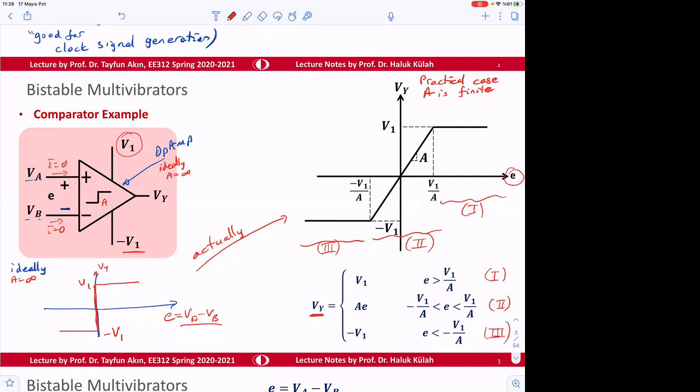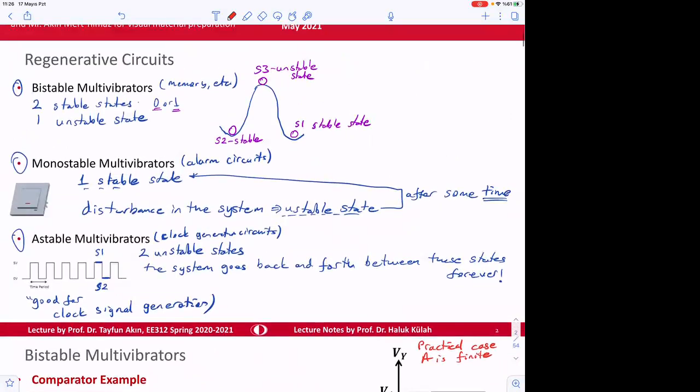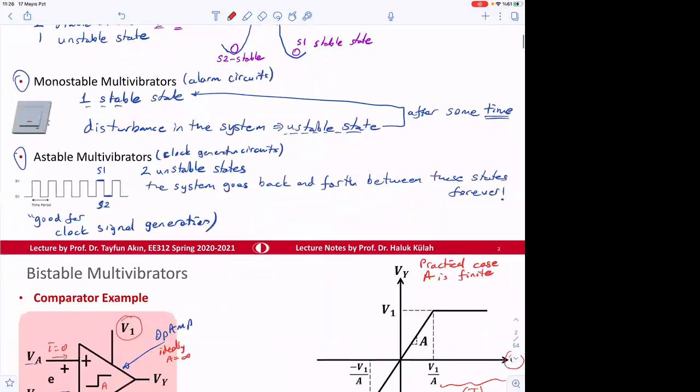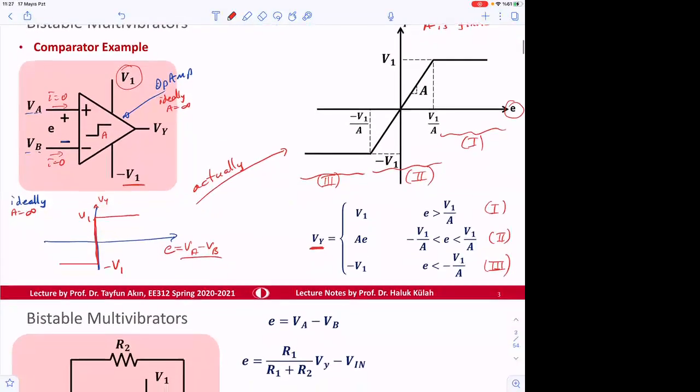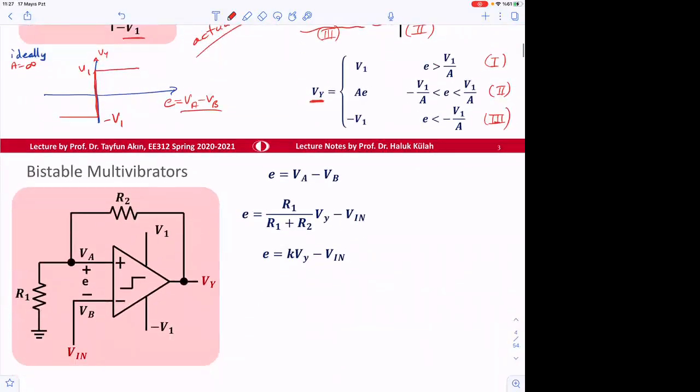Okay, now we can ask, why are we doing all these? We will just use this element, this comparator. It's very useful. We can make a bistable multivibrator with this element. Soon it's going to be more clear.